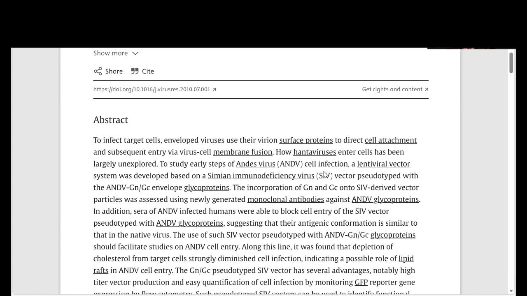So this has been modified in a way where it's not infectious and that it can be used for experimentation in the lab, typically in a BSL-1 or a BSL-3 lab. So they created this vector pseudotype with the ANDV, the Andes virus, GN/GC envelope glycoproteins.